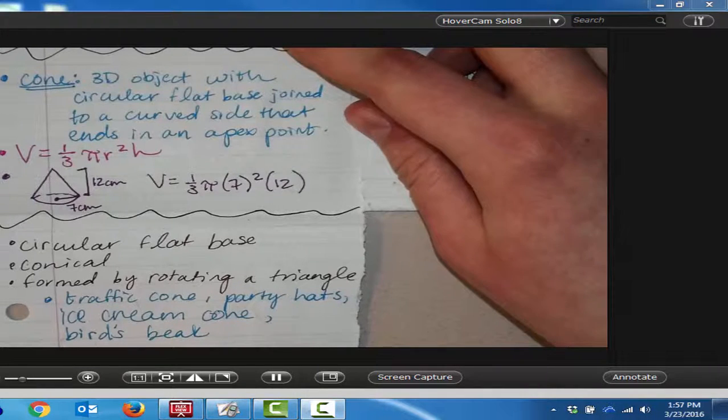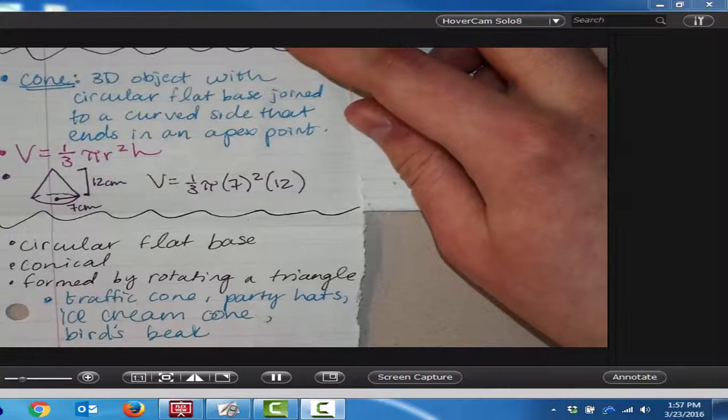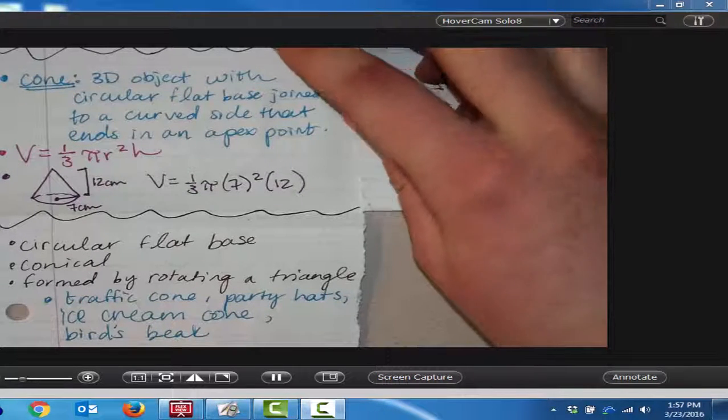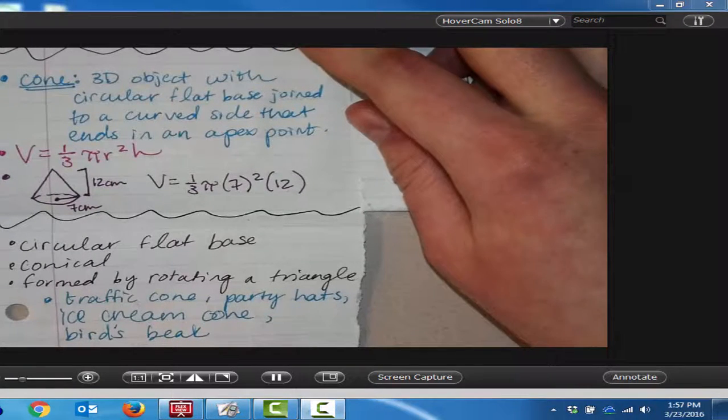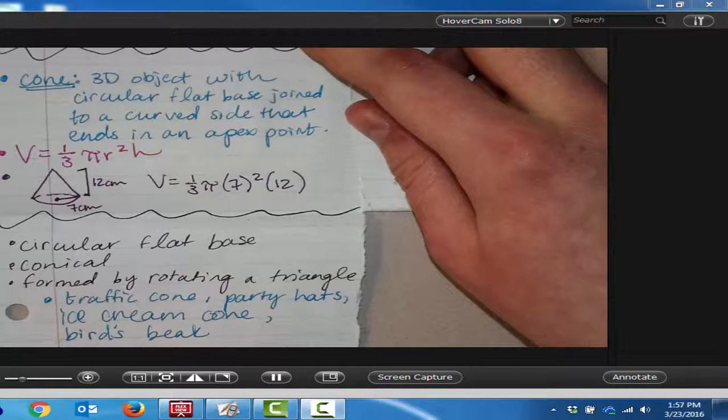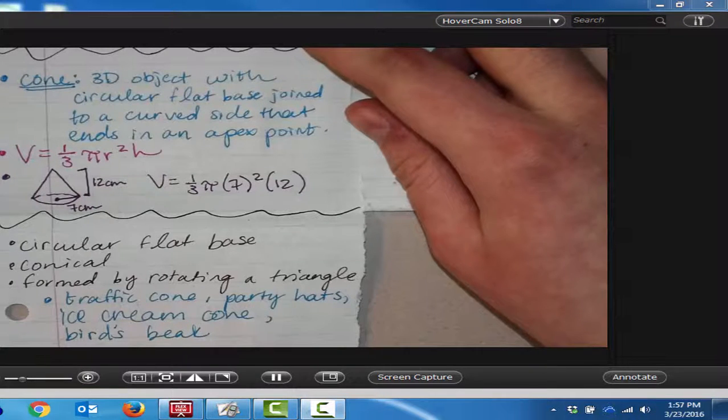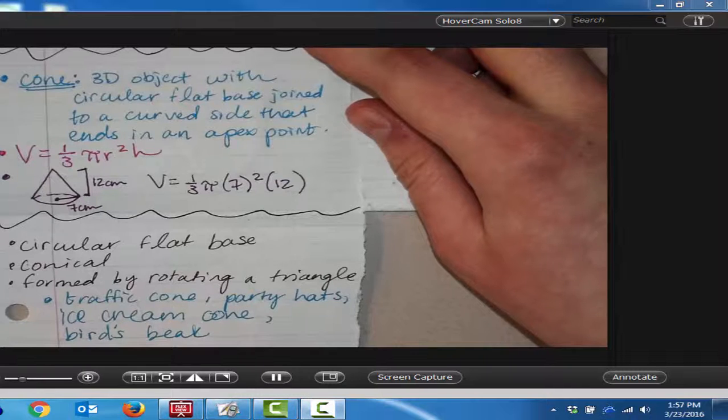For a cone, I might just put 3D object that looks like an ice cream cone, because that's what helps me understand it. The volume formula for a cone is 1/3 times pi times r squared times h. And if you guys remember, our cone is actually just 1/3 of a cylinder.